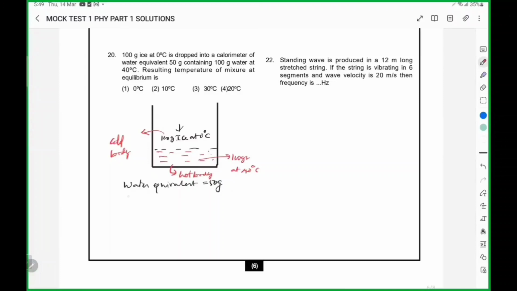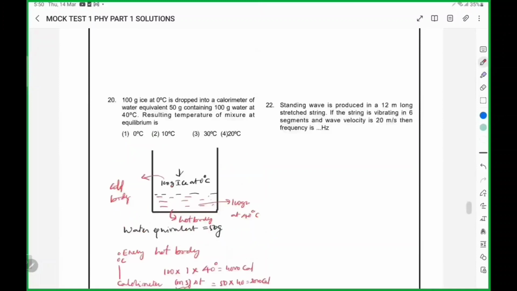What is the energy associated with the hot body? Taking 0 degree centigrade as reference, 100 grams of water, specific heat 1, and temperature 40, it is 4,000 calories. About the calorimeter, again m s delta T, its water equivalent is 50 grams, and delta T is 40, that is 2,000 calories.